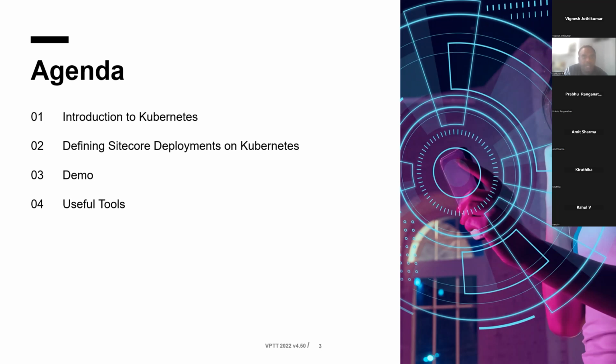We are also going to see a demo where together we form the Kubernetes structure for one of our XM Sitecore instances. In this demo, I will not be deploying directly to Kubernetes, but we will be covering only the forming of YAML definitions.